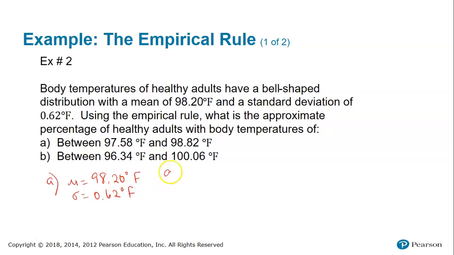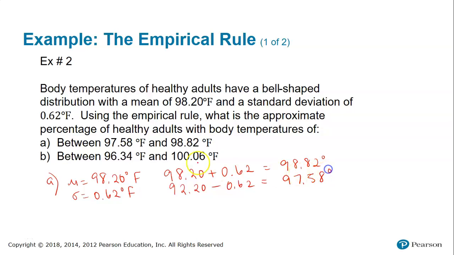If we add those, one standard deviation takes us to 98.82 degrees. So this is one standard deviation above the mean. And if I subtract, that takes me to 97.58. This is one standard deviation below the mean.